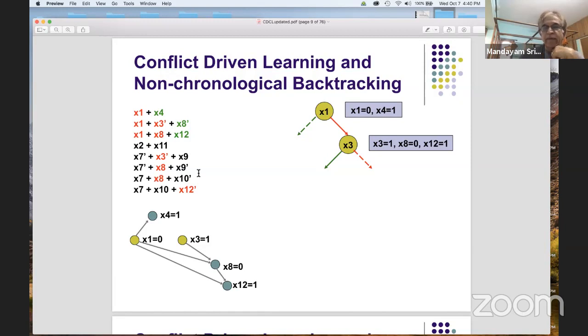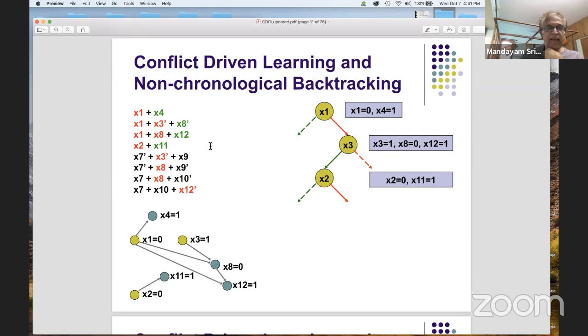So you will have to make a decision again, on one of the variables remaining in the unresolved clauses. Say you make a decision x2 is equal to 0. That will force x11 to become 1, because that clause becomes unit.